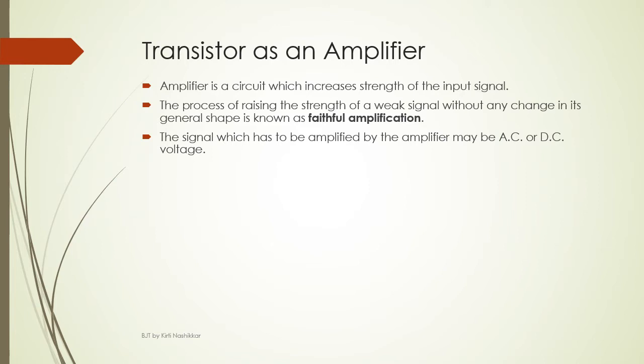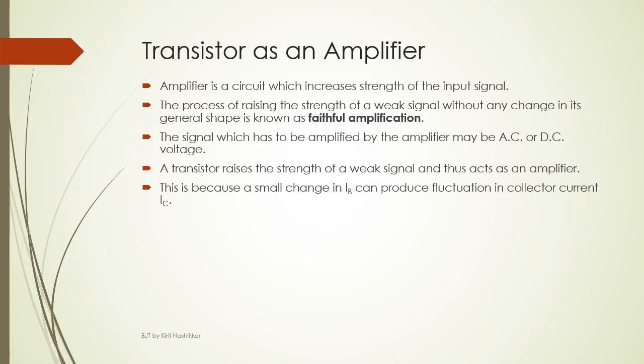AC is the alternating current, okay, and DC direct current. So a transistor raises the strength of a weak signal and thus acts as an amplifier. As we all know, amplification is nothing but the process of increasing the strength of a weak signal. So this process is done by the transistor, and hence it can act like the amplifier.